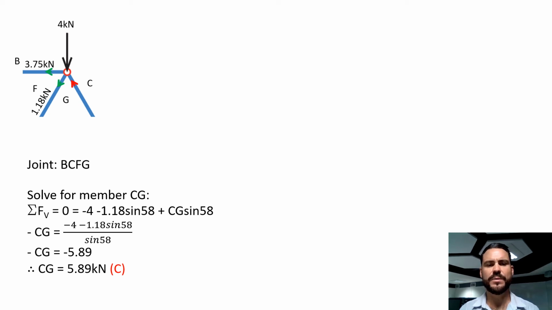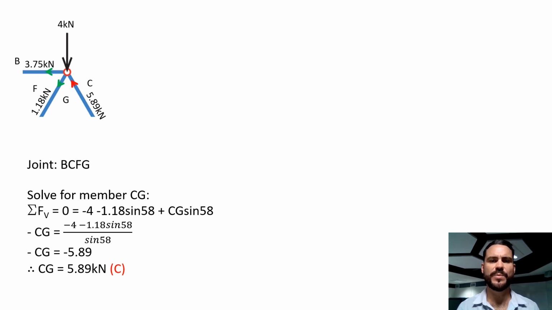Negative CG, so our plus CG becomes a negative as we switch the sides, equals negative 4 minus 1.18 sine 58 over sine 58, gives us two negatives, double negative. Negative CG equals negative 5.89. Again, they cancel each other out. Therefore, member CG equals 5.89 kilonewtons. We've validated our initial prediction that it's in compression.